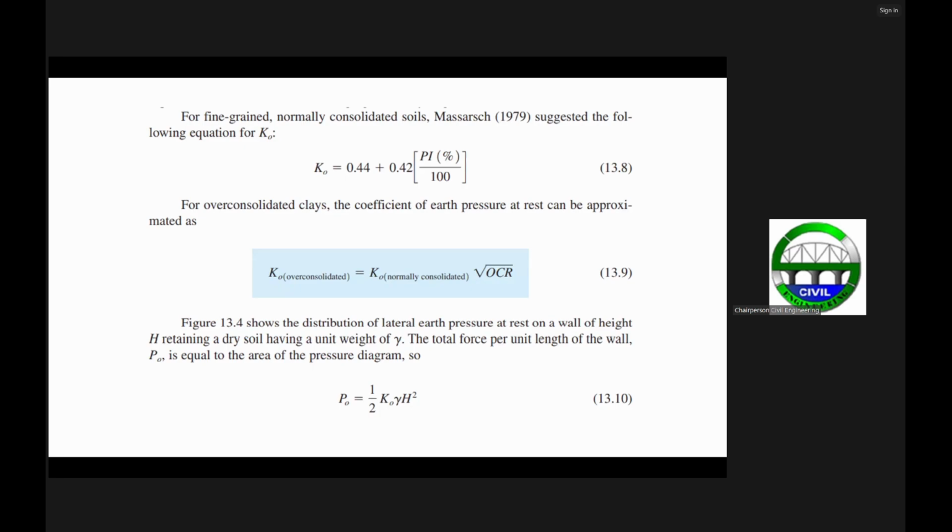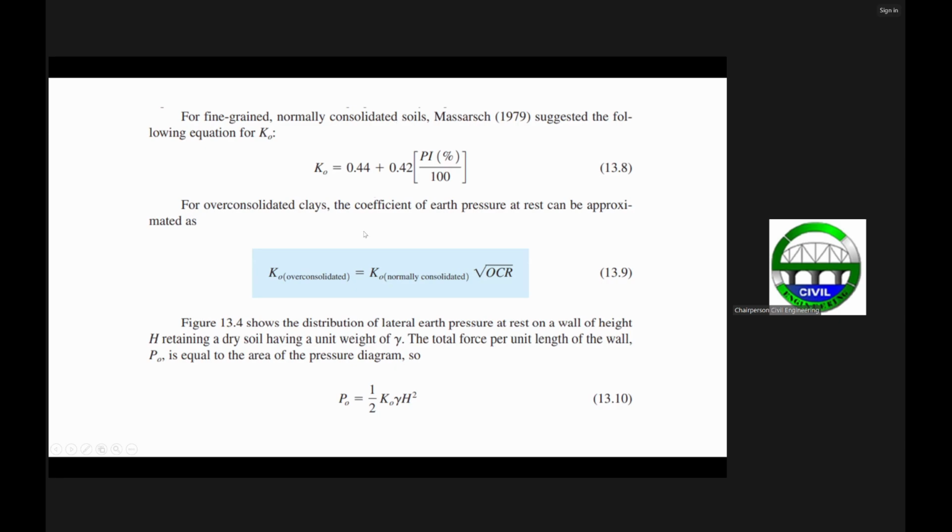Now, for fine-grained, normally consolidated soils, Massarsch in 1979 suggested the following equation for the at-rest earth pressure coefficient, considering this parameter PI, or the plasticity index. So most probably here he's referring to clay materials, normally consolidated clay materials.